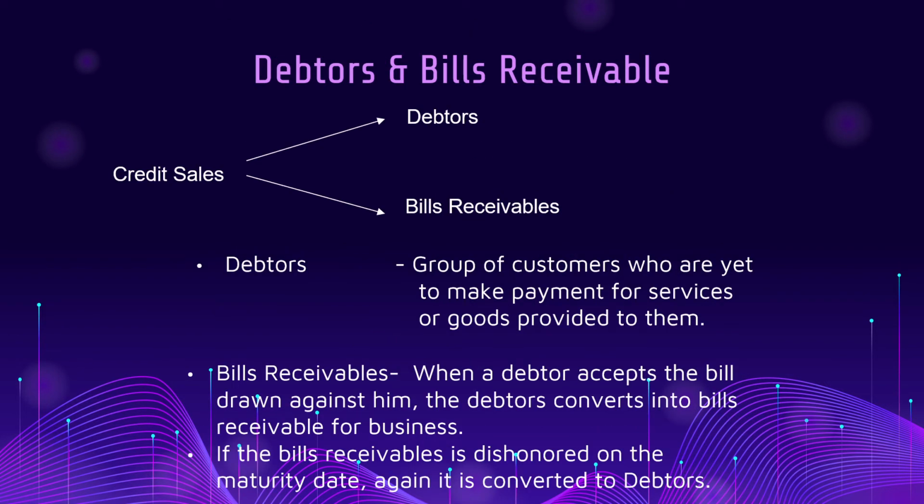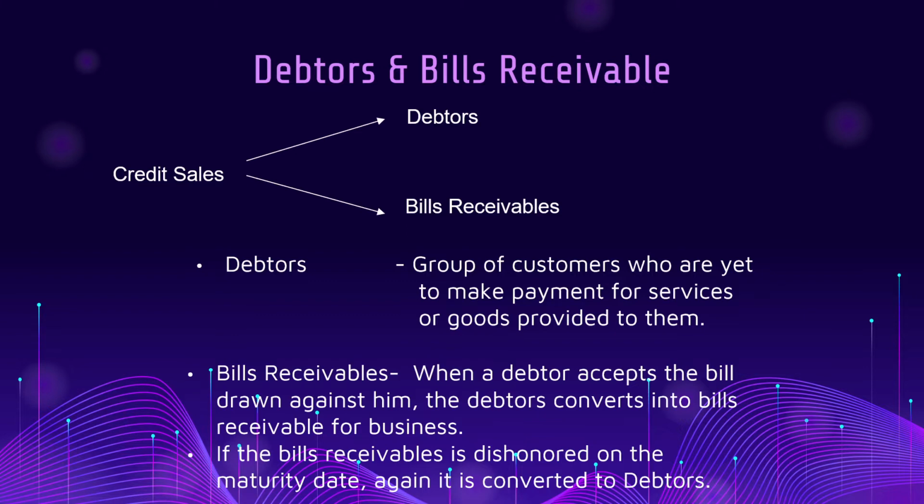Now, before seeing that, I just wanted to explain how debtors and bills receivable arise. See, when the business sells goods on credit, that is credit sales. When credit sales are made, debtors will come. So debtors are a group of customers who are yet to make payment for services or goods provided to them.